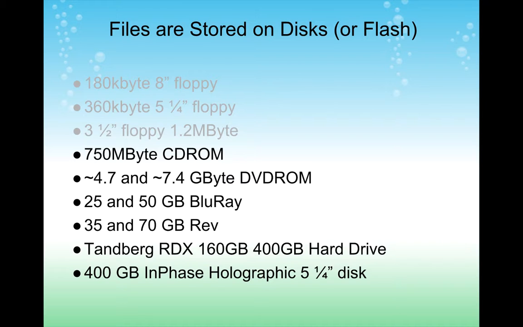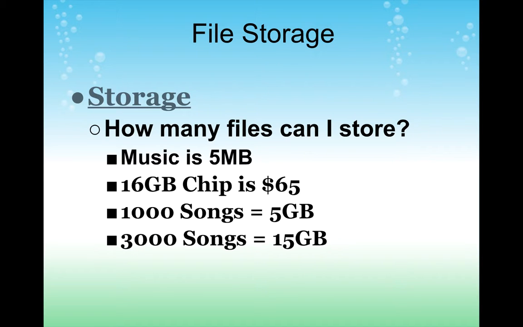There's various hard drives, and a recent interesting development is holographic storage, where the data is stored on multiple layers on a 5.25-inch removable disk. Real dense, not so fast. Files are stored everywhere.